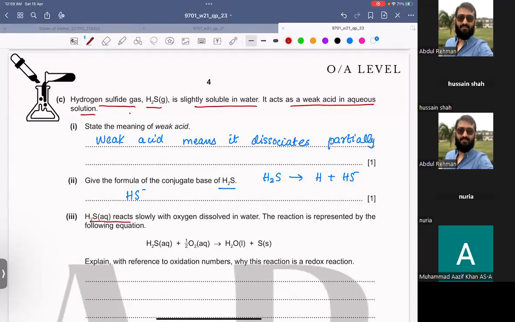H2S reacts slowly with oxygen dissolved in water. The reaction is represented by the following equation. Explain with reference to the oxidation number why this reaction is a redox reaction. So first we need to put the oxidation numbers on each of them.